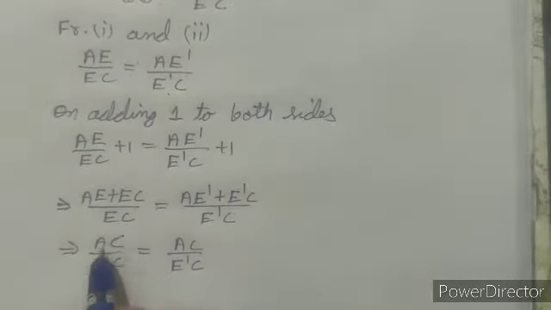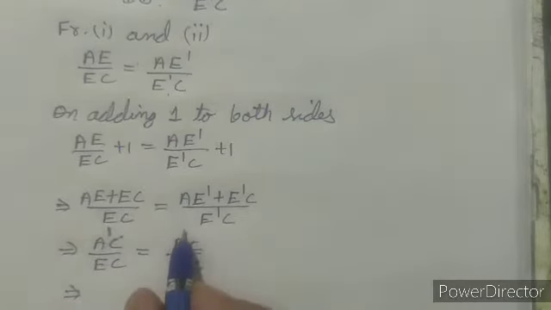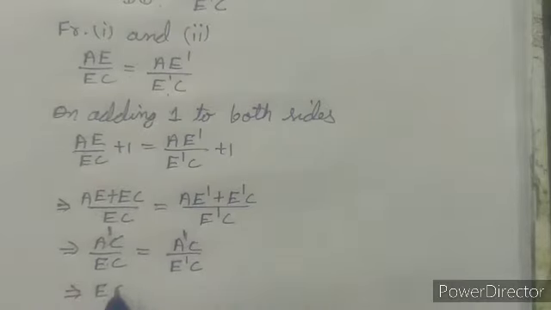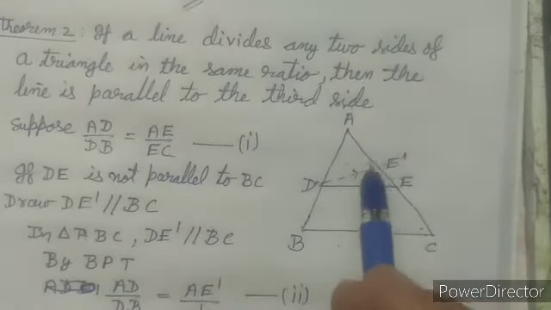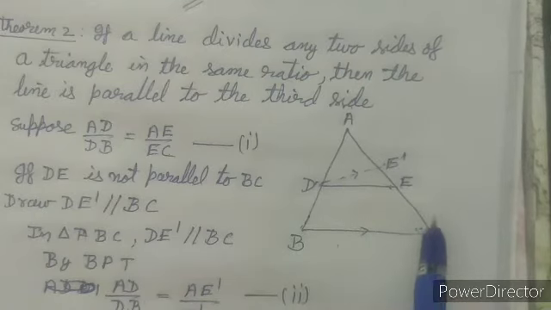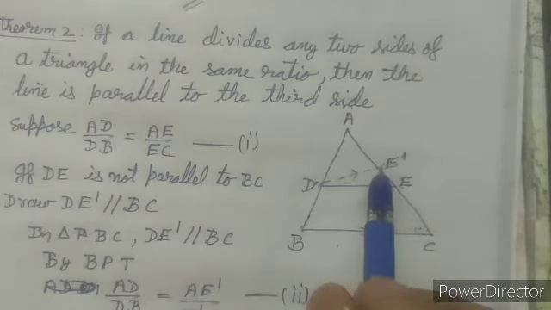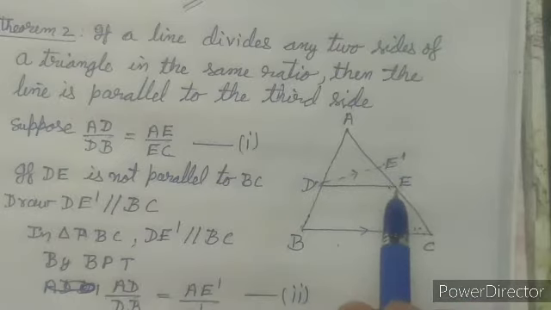Now this AC will cancel out, and this will give us 1 upon EC equal to 1 upon E dash C. And on taking reciprocal, we are getting EC equal to E dash C. Now, if EC is equal to E dash C, then we can say that E and E dash are same points.